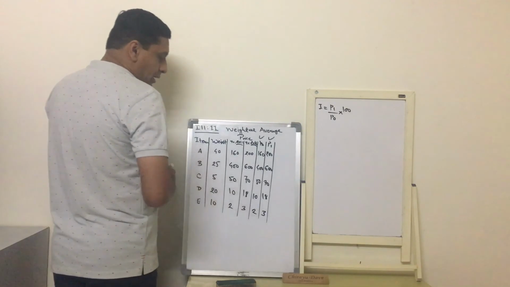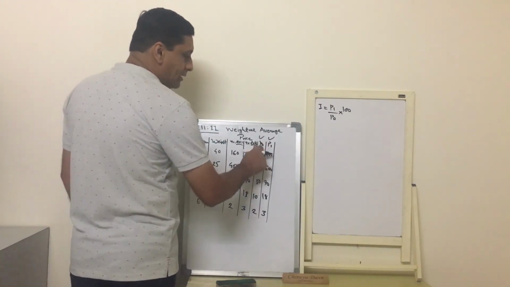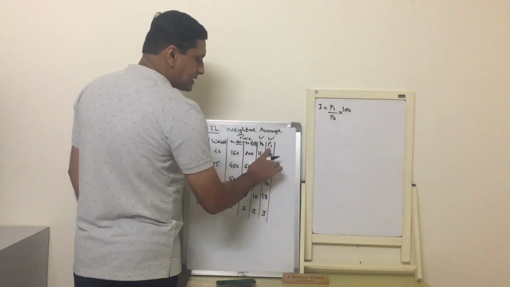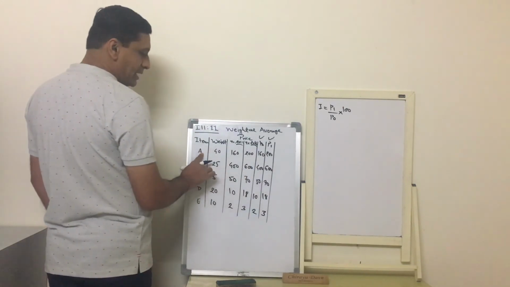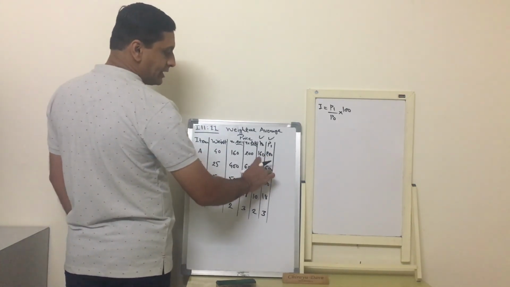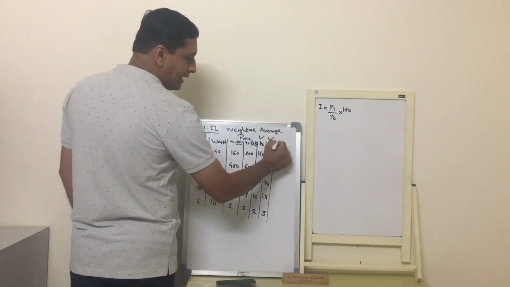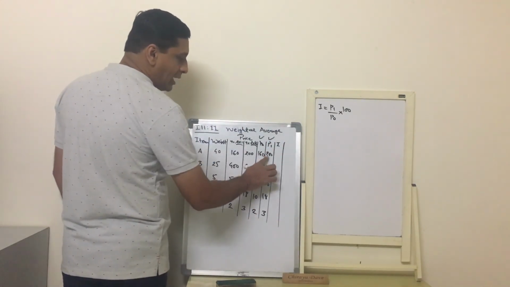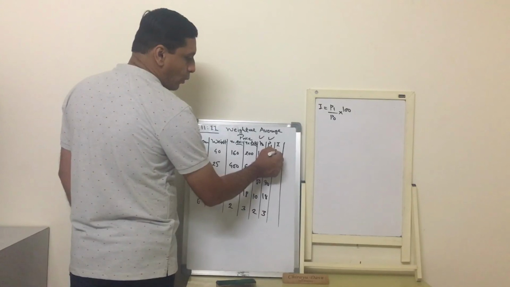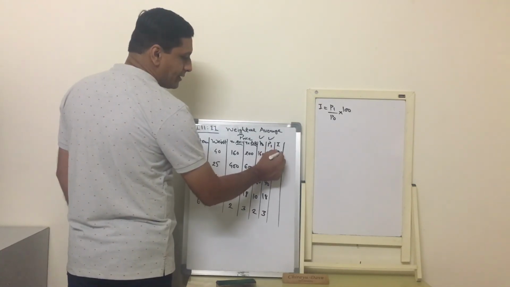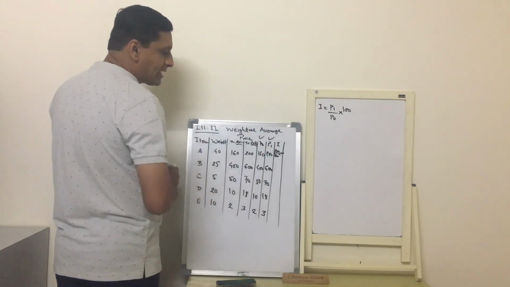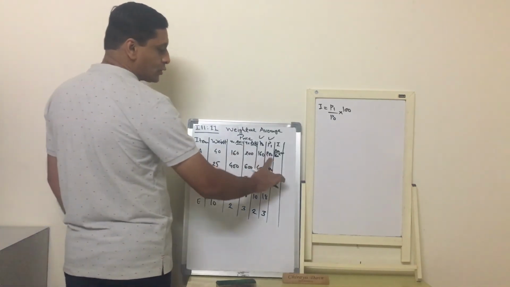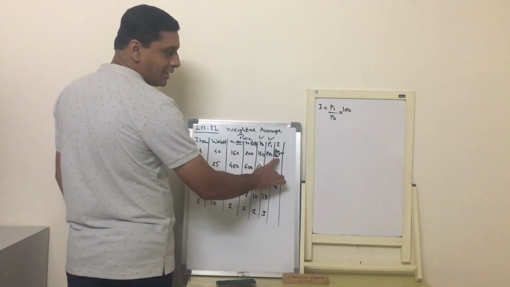Let's see how it works: P1 upon P0 into 100. So this is P1, this is P0. This item A says P1 upon P0 into 100, which means your index will come this way: 200 divided by 160 into 100. Make sure your presentation goes 200 divided by 160 into 100.